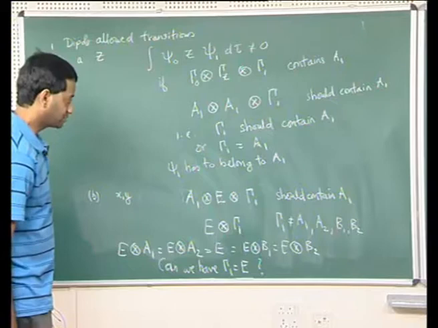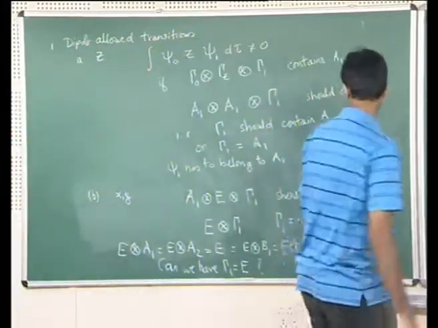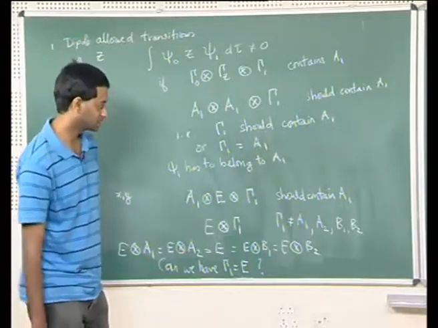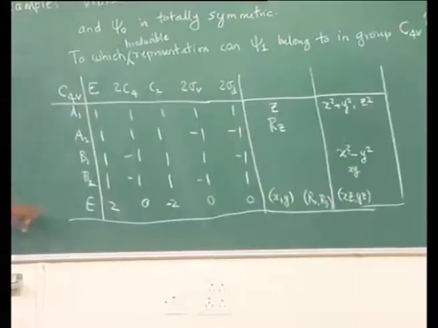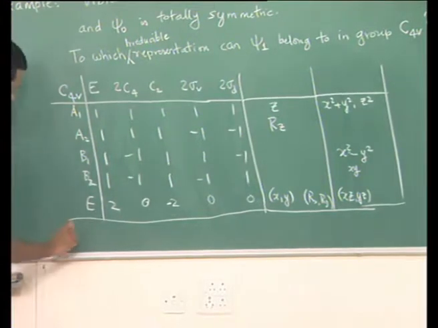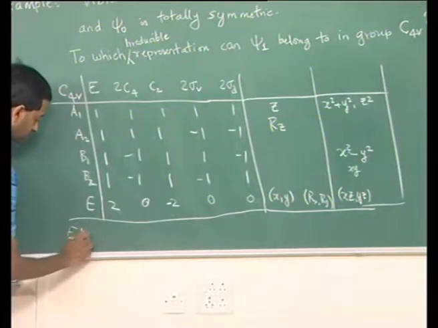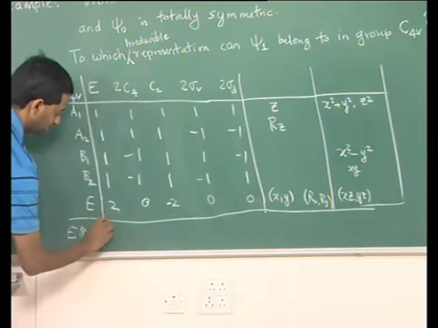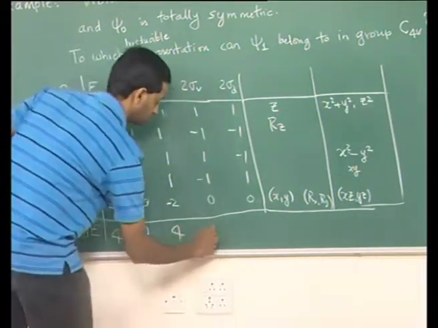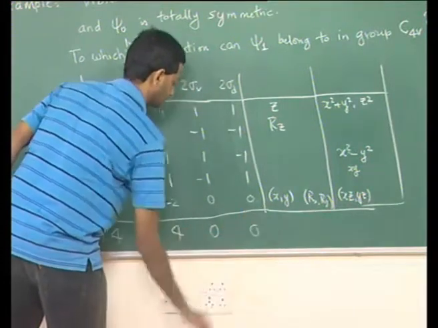Okay, so if gamma 1 is equal to E, then E cross E, the direct product with gamma 1, is just, it will be 4 0 4 0 0. So E cross E, we will have characters 4 0 4 0 0.